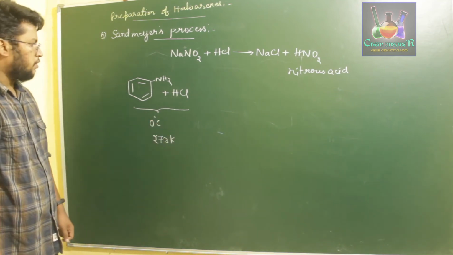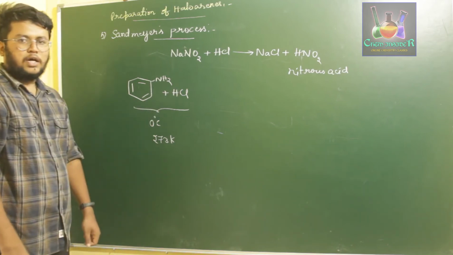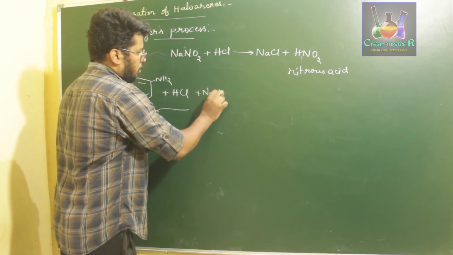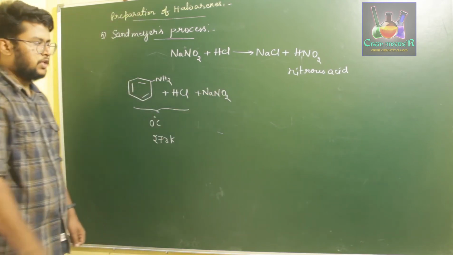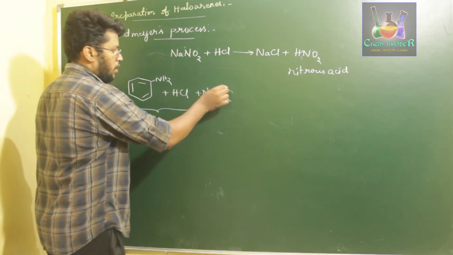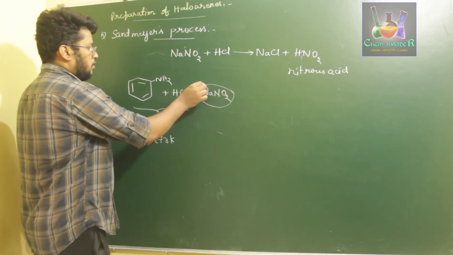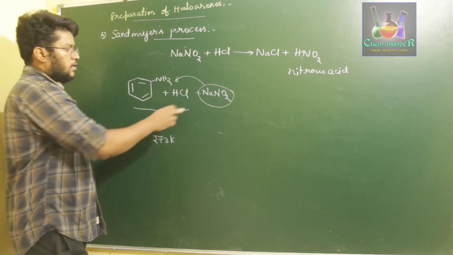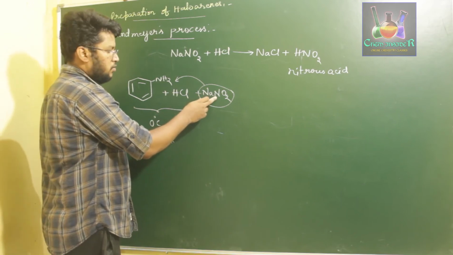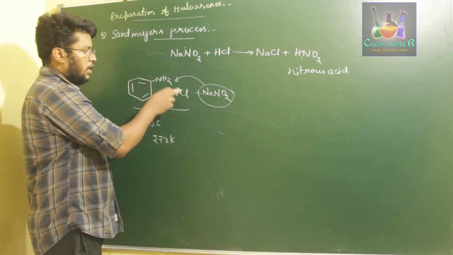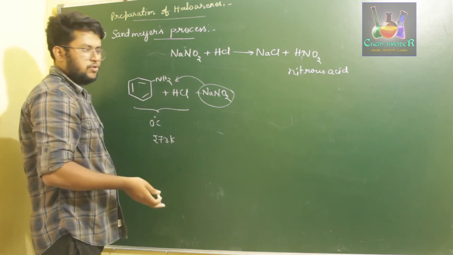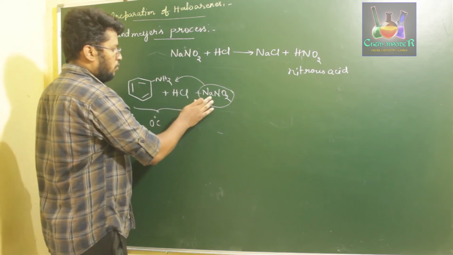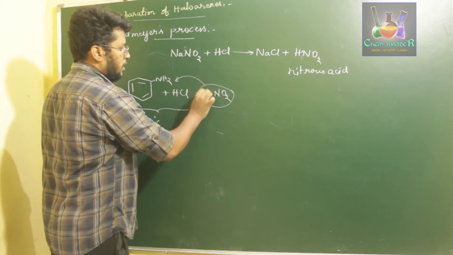Once they are completely cooled, they are treated with sodium nitrite, which is already brought down to a cold temperature of 0 to 4 degrees Celsius. When we add this sodium nitrite solution dissolved in water to this complex, the nitrogen present here reacts with the other nitrogen and the chlorine, losing two molecules of water, and this NaNO2 is converted to HNO2.